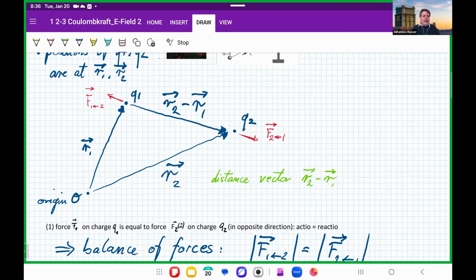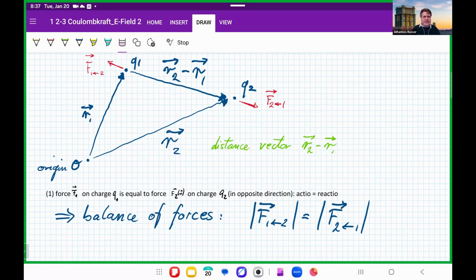We have a vector that describes the position of Q1, that's R1, and a vector that describes the position of Q2, that's R2. Both are taken from the origin. We can compose a distance vector from R2 and R1 that describes the separation of Q1 and Q2.